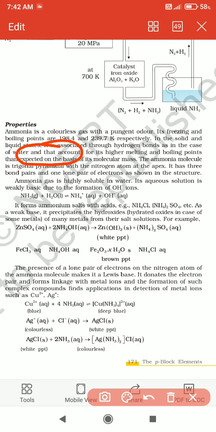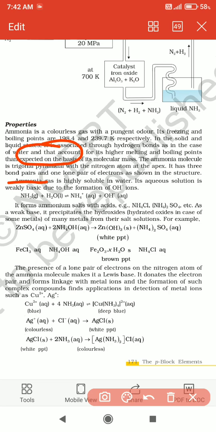Already we mentioned that there are 3 bond pairs of electrons and 1 lone pair of electrons. Ammonia is highly soluble in water.